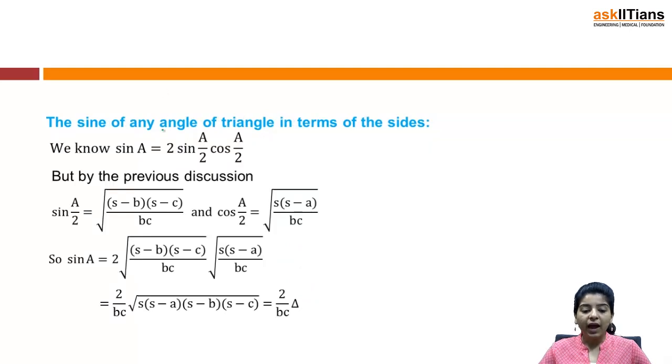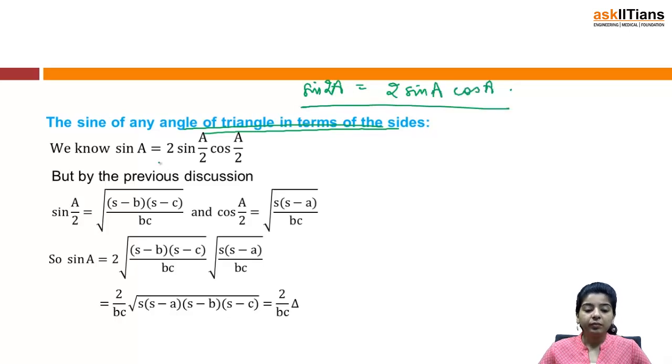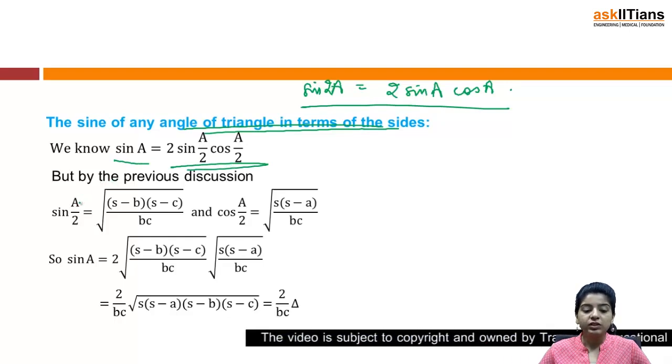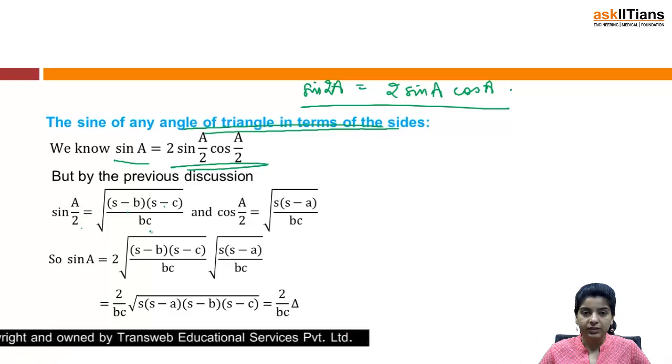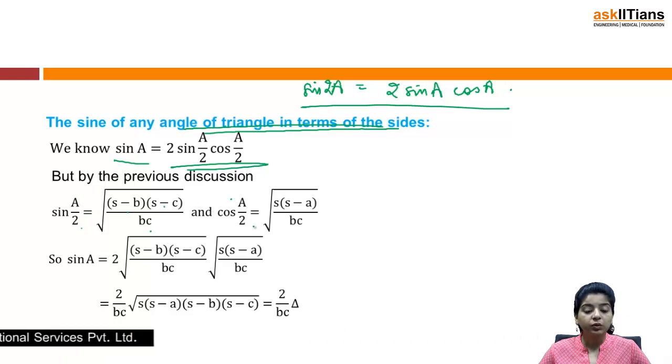Sine of any angle of a triangle in terms of its sides. Now sin 2A is 2 sin A cos A, we know this formula. So that means sin A will become 2 sin A by 2 cos A by 2, and we have just now discussed that sin A by 2 is under root of (s minus b)(s minus c) by bc, and cos A by 2 is under root s(s minus a) by bc.